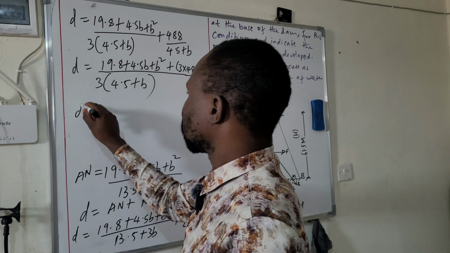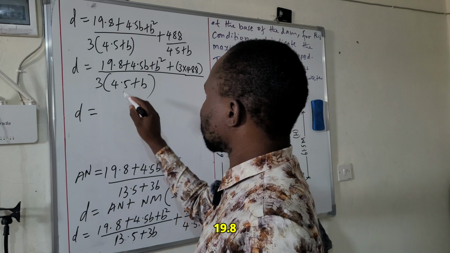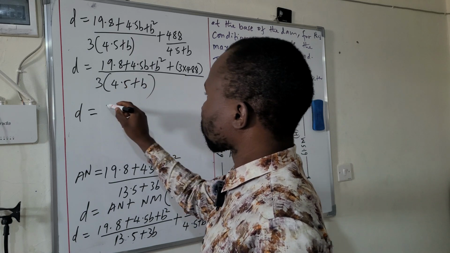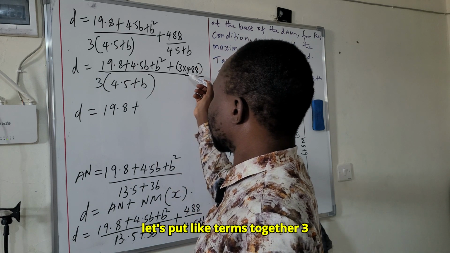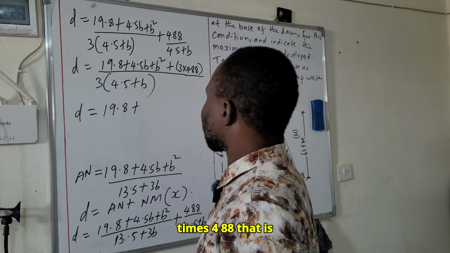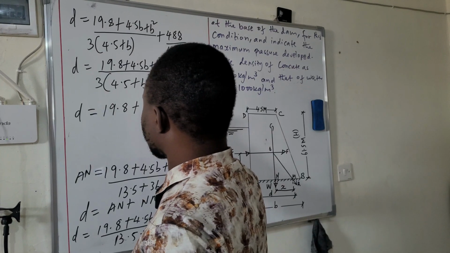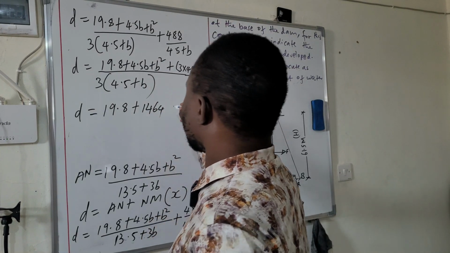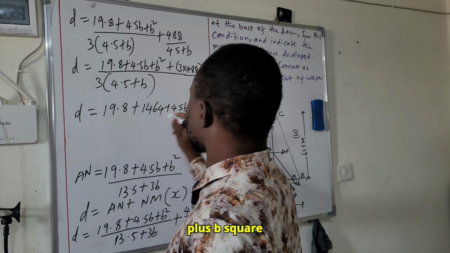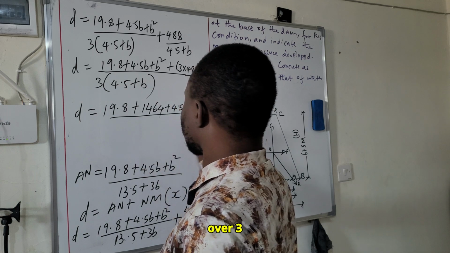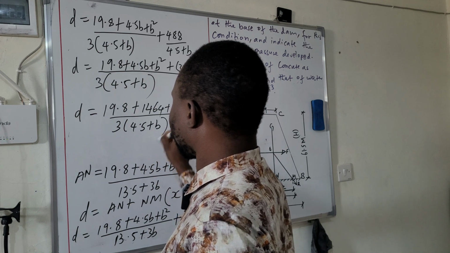So D is equal to 19.8 plus, let's put like terms together, 3 times 488, so the answer is 1464, plus 4.5b plus b square over 3 into bracket 4.5 plus b.